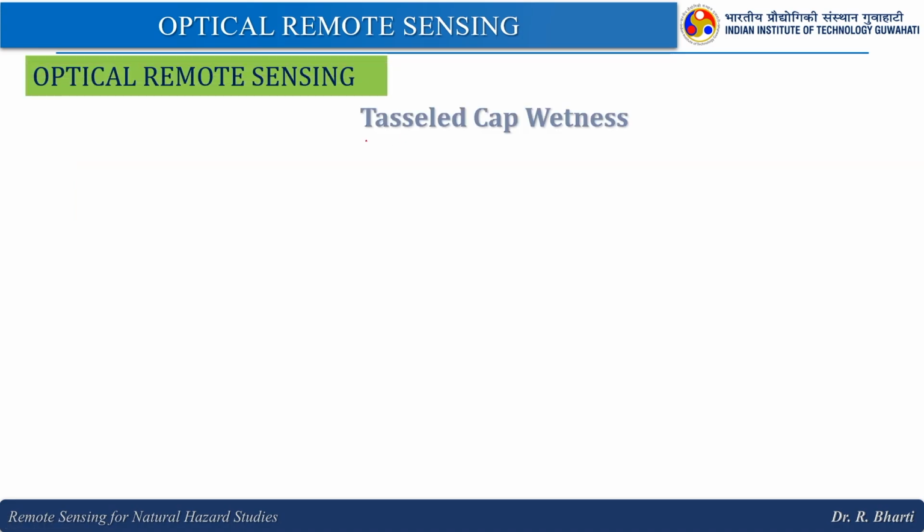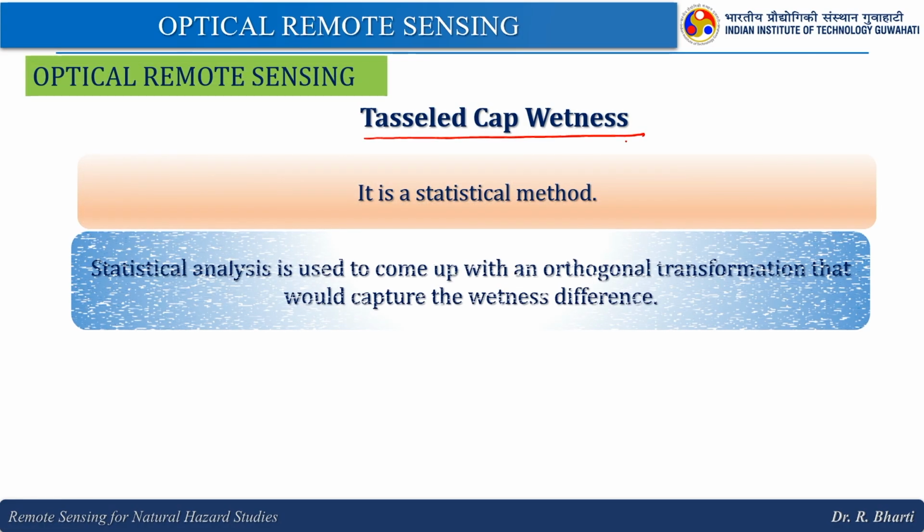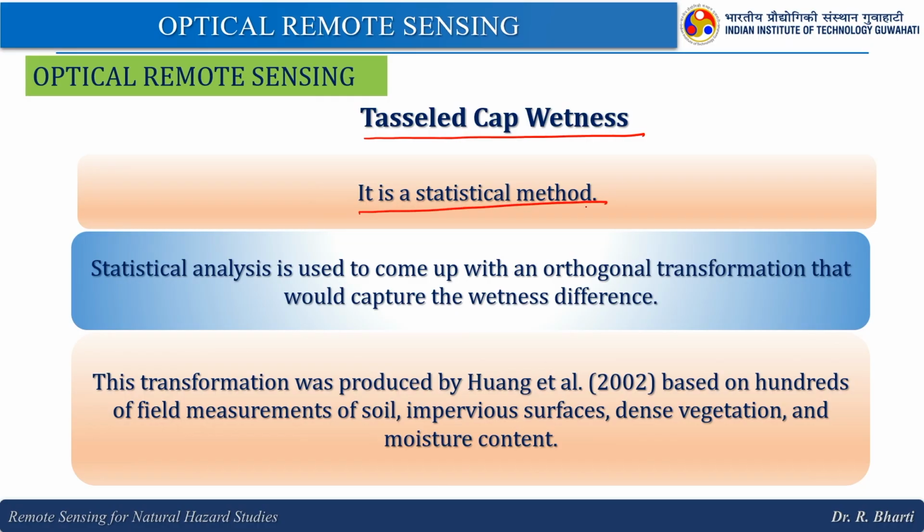Then comes the tasseled cap wetness. It is a statistical method. Statistical analysis is used to come up with an orthogonal transformation that would capture the wetness difference, right, for the pre and post earthquake.